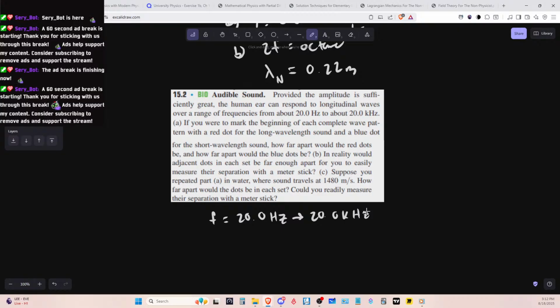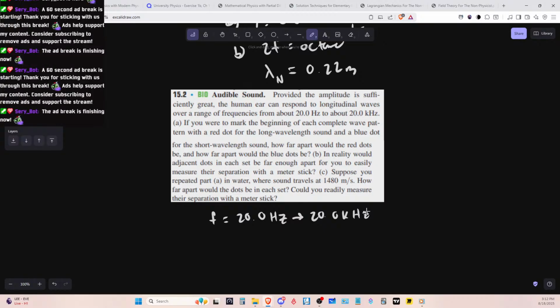If you were to mark the beginning of each complete wave pattern with a red dot for the long wavelength sound and a blue dot for a short wavelength sound, how far apart would the red dots be and how far apart would the blue dots be? In reality, would the adjacent dots in each set be far enough apart for you to easily measure their separation with a measuring stick?